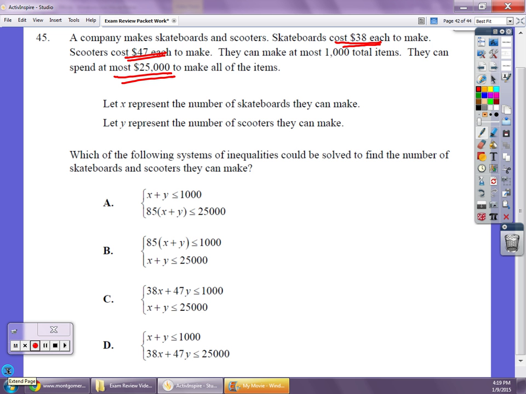Oh, here we are in option D. I see the values 38, 47, and 25,000. So it looks like we're on to something. Just to double check, we also know that they can make at most 1,000 items in total. Well, what are the items? The items are skateboards and scooters. And so we know that total has to equal 1,000. So option D is going to be the correct answer here.